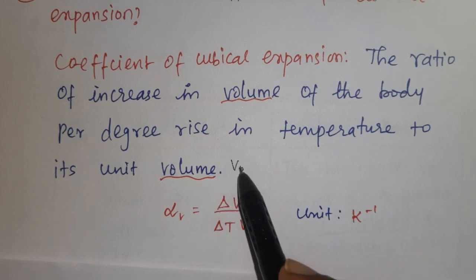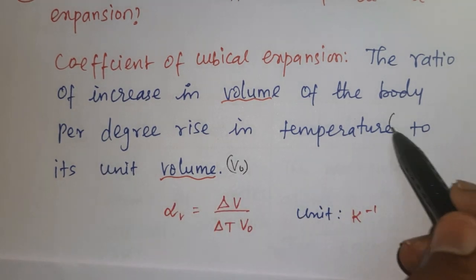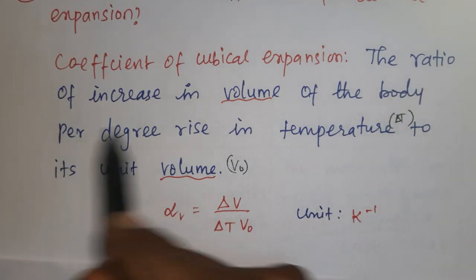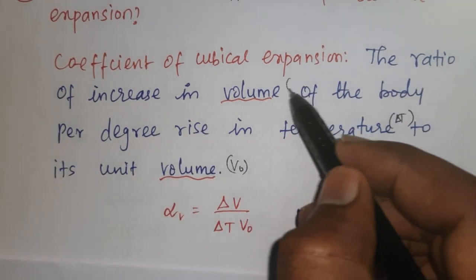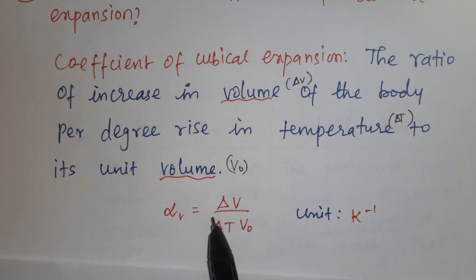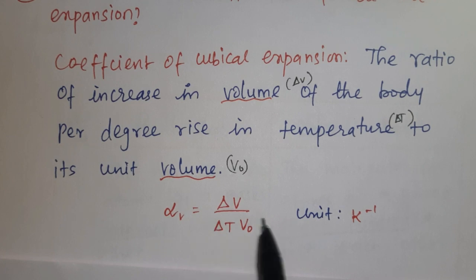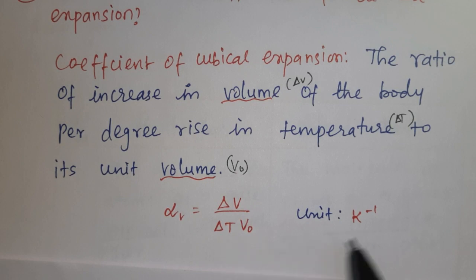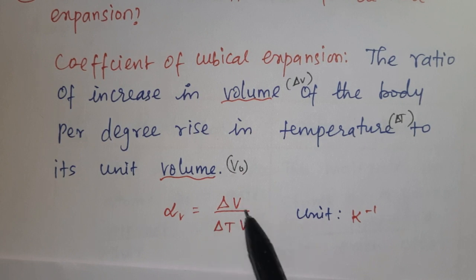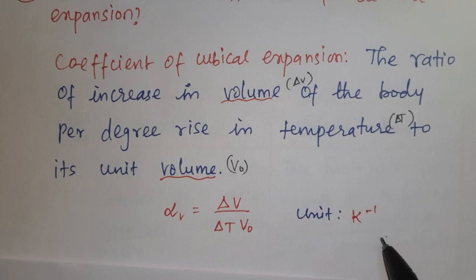So the unit volume is V naught, the degree rise in temperature is del T, and the increase in volume is del V. The unit of cubical expansion is Kelvin inverse. The unit of volume is meter cube, so this meter cube will be cancelled. The unit of temperature is Kelvin. The Kelvin goes to the numerator, Kelvin inverse.